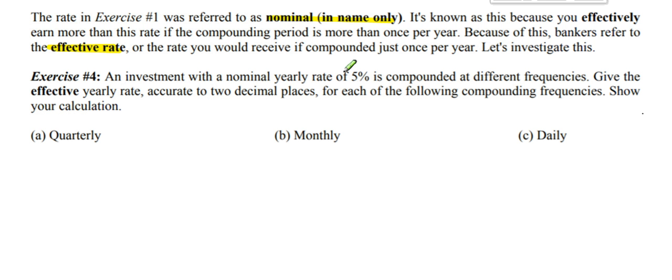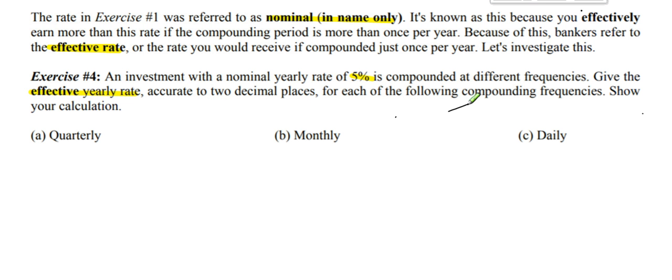An investment with a nominal yearly rate of 5% is compounded at different frequencies. Give the effective yearly rate accurate to 2 decimal places for each of the following compound frequencies. Show your calculations.